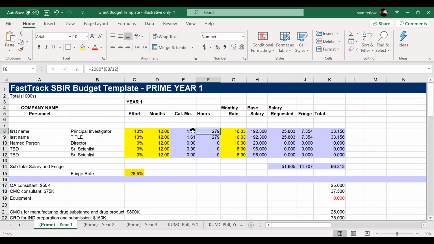The rest of this spreadsheet, which we can send to you if you're working with us, or you can get from the KickStart team or others, will calculate out all of these net costs given these inputs at a 28.5% fringe rate, which is the max allowed.